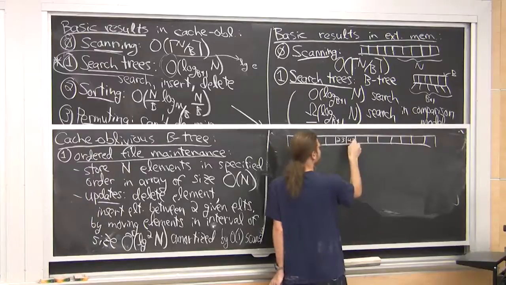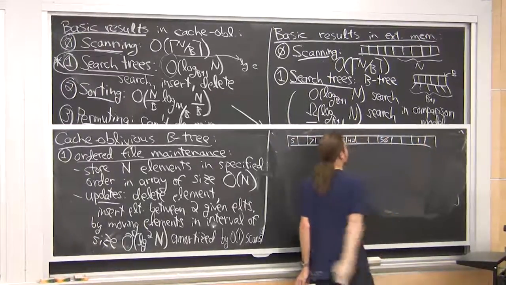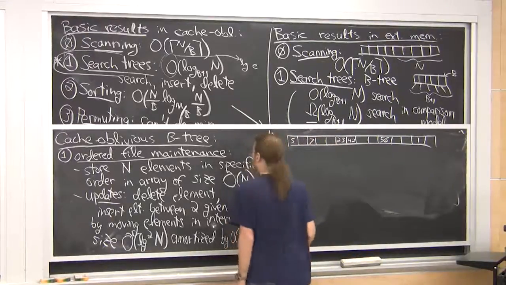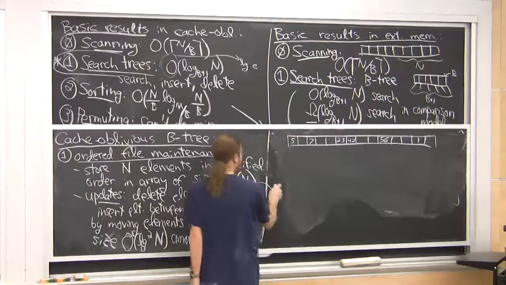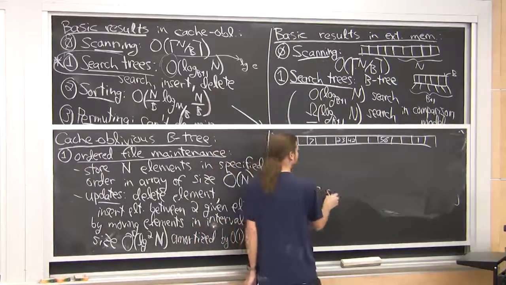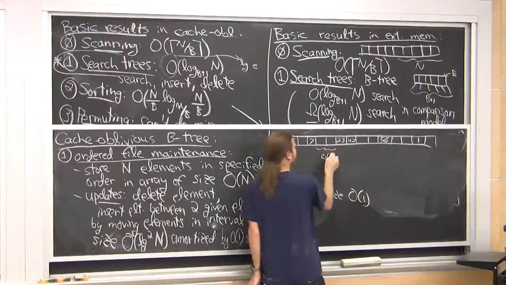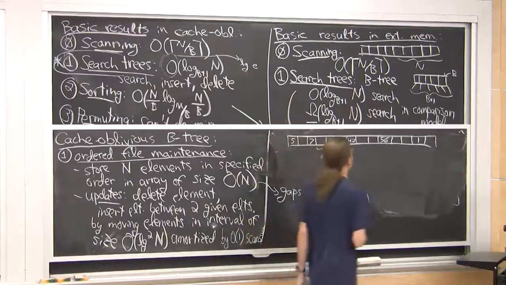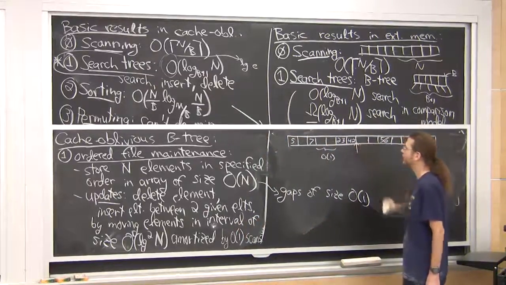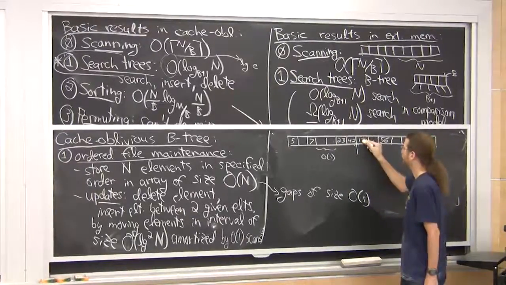They could be in sorted order, maybe not. There's some gaps in between. I didn't mention it, but all gaps will have constant size. So this will be constant size gaps. And we're able to do things like insert a new item right after 42. Let's say we insert 12. So 12, we could put it right here.